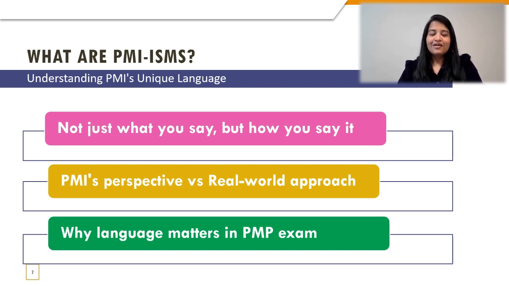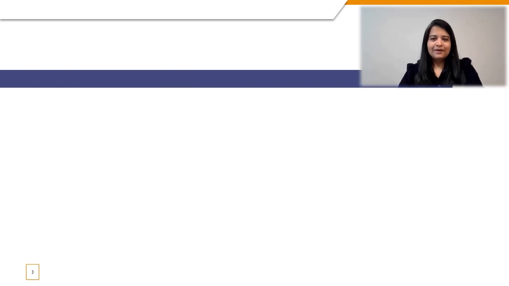That's why understanding this matters. Many candidates get these questions wrong, not because they don't know project management, but because they don't understand PMI's way of asking and answering questions. We are going to understand each of these as we proceed, specifically this special dialect which we identified as PMI-isms.